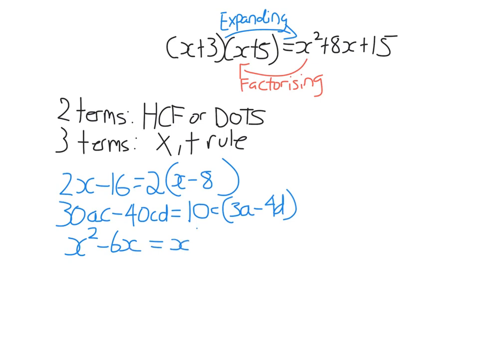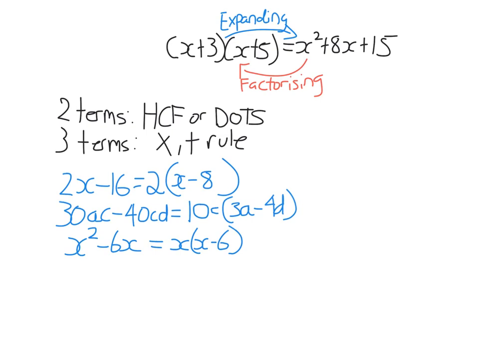So x goes out the front, and then I say, so what do I times by x to get x squared? Well, that's just x. What do I times by x to get negative 6x? You times x by negative 6 to get that. Once again, if I expand this, I get that. So these were all examples of two terms, which are called binomials, that used highest common factor.